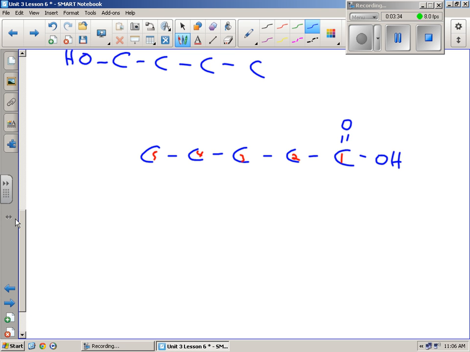So 2 bromo, I said. Is that right? 4 bromo. 4 bromo, 2 methyl. Yeah, 2 methyl, okay? So that's what you need to have for that one. This is carbon 1 all the time.